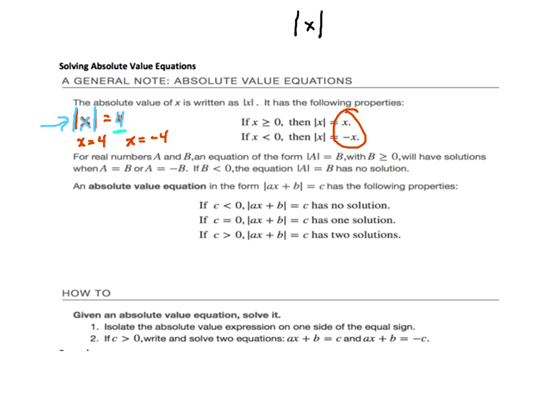What if we have something like the absolute value of X is equal to -4? This is saying what values on the number line lie a distance of -4 from the origin. Well, there's no such thing as negative distance in this reality that we are experiencing. So this has no solutions.